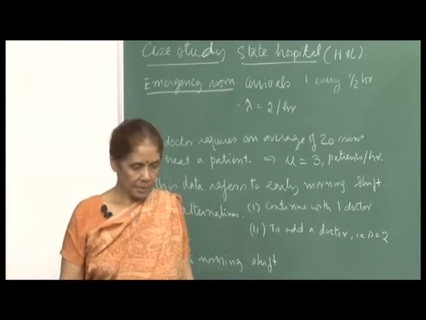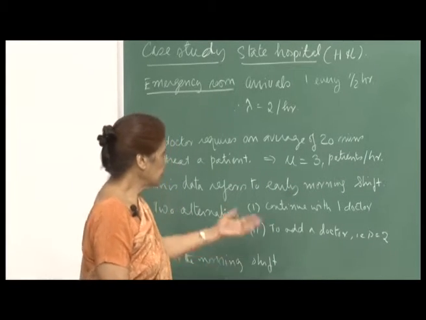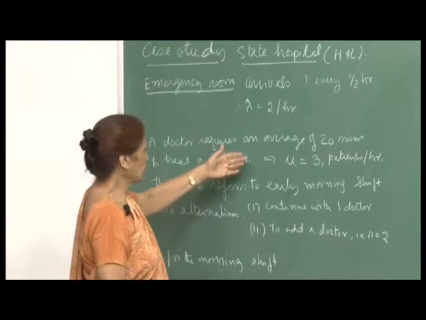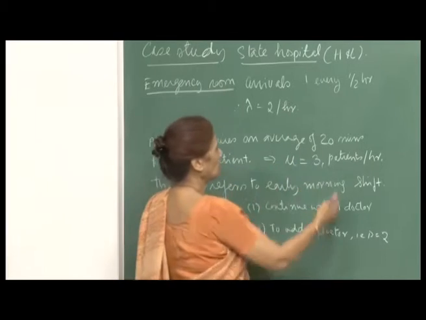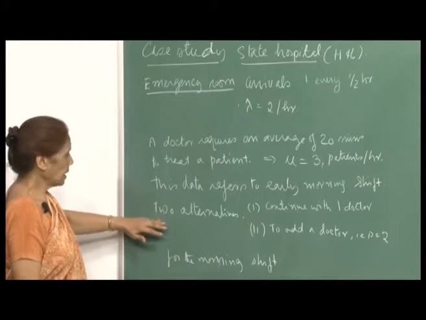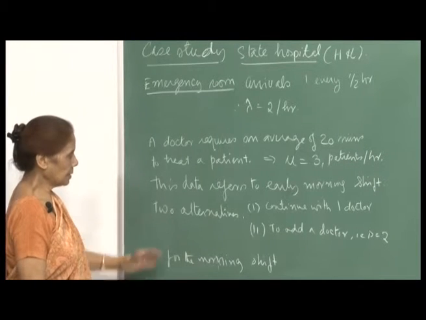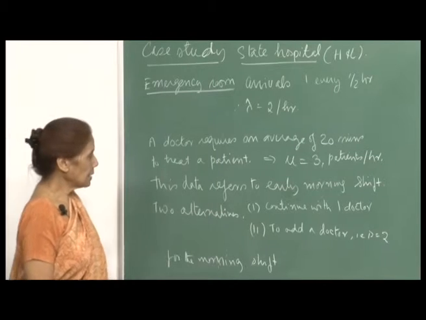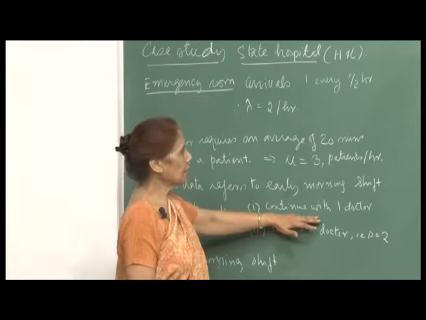So if it is negative exponential, then the service times would follow a negative exponential distribution. Now, there are two alternatives which the hospital management has to consider. They have one doctor to manage the emergency room.